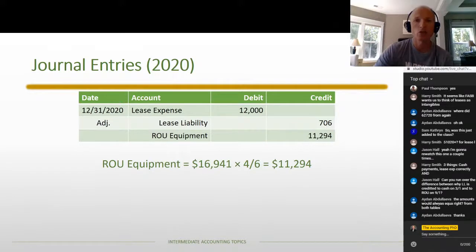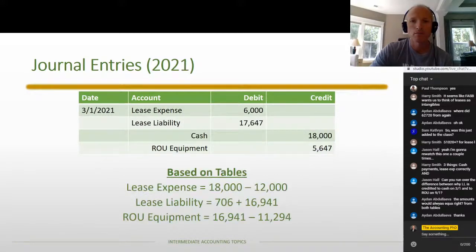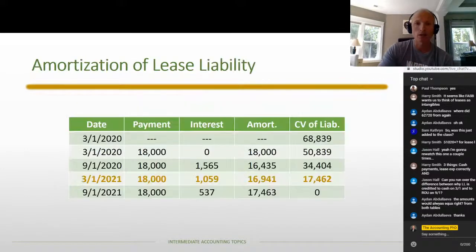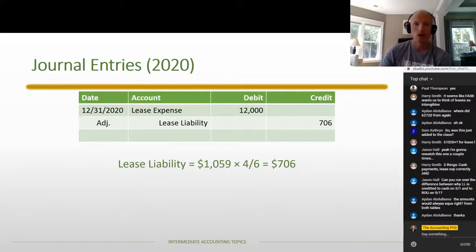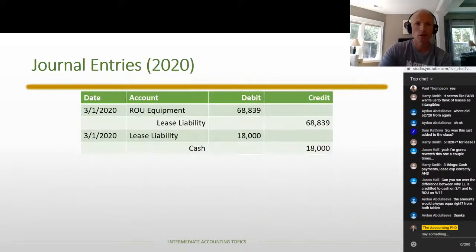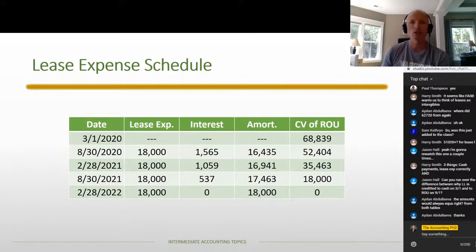So again, those are the two things that sum together to give us the entry amount for the lease liability account. And the right-of-use piece of equipment we can take from the tables. Again, we know that following the table, the lease expense schedule, on 2/28/2021, which coincides with 3/1/2021, the total amortization for the 6 months ending on that date would be $16,941.